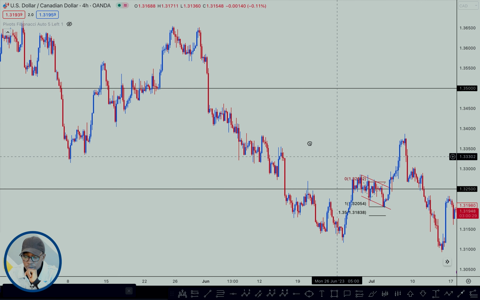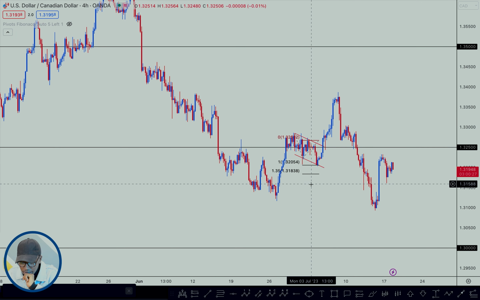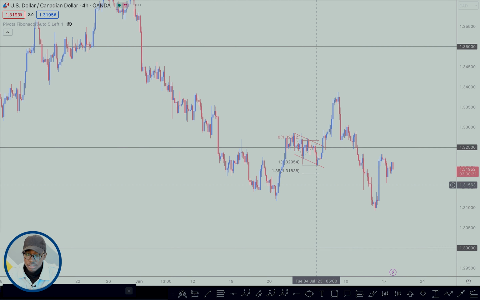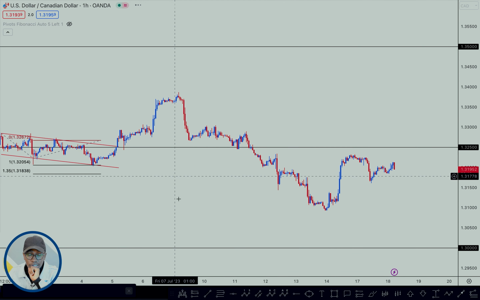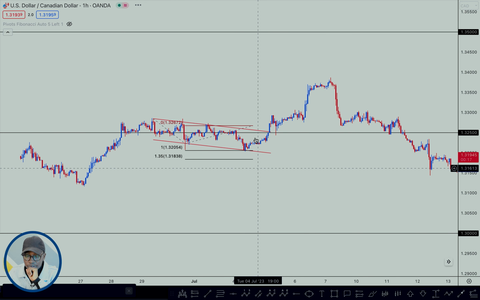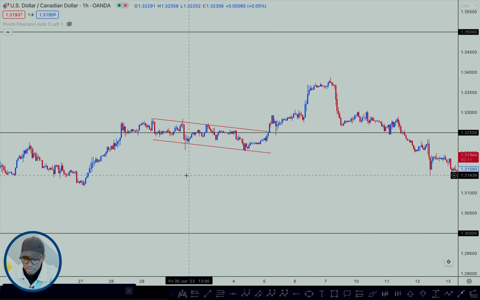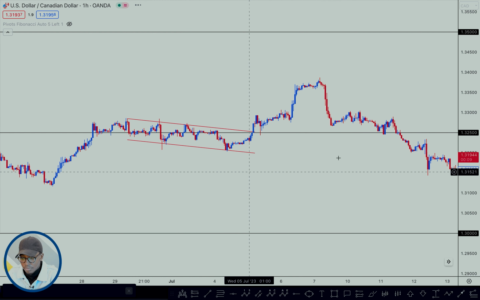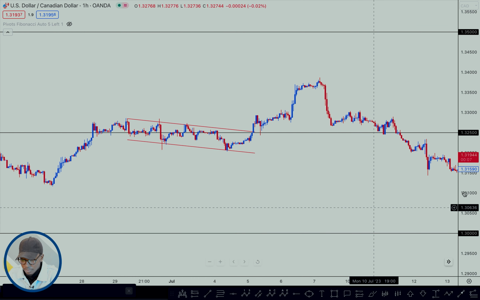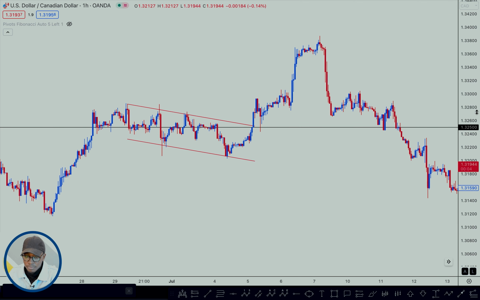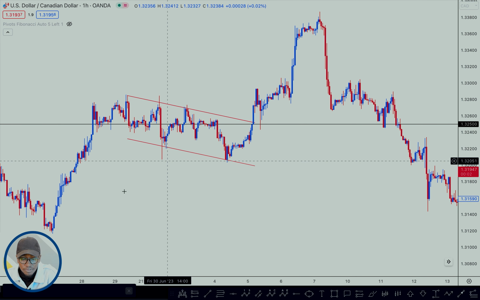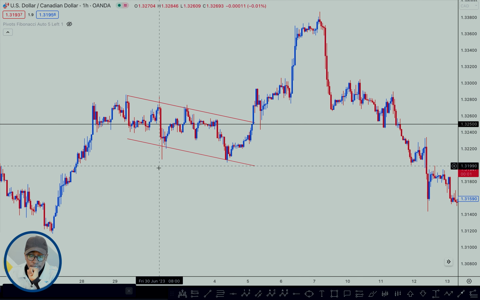Which was around here. That was, I think, beginning of July. So I usually use the 1 hour time frame. Let me just remove this for now. So there was also a flag forming at this point.